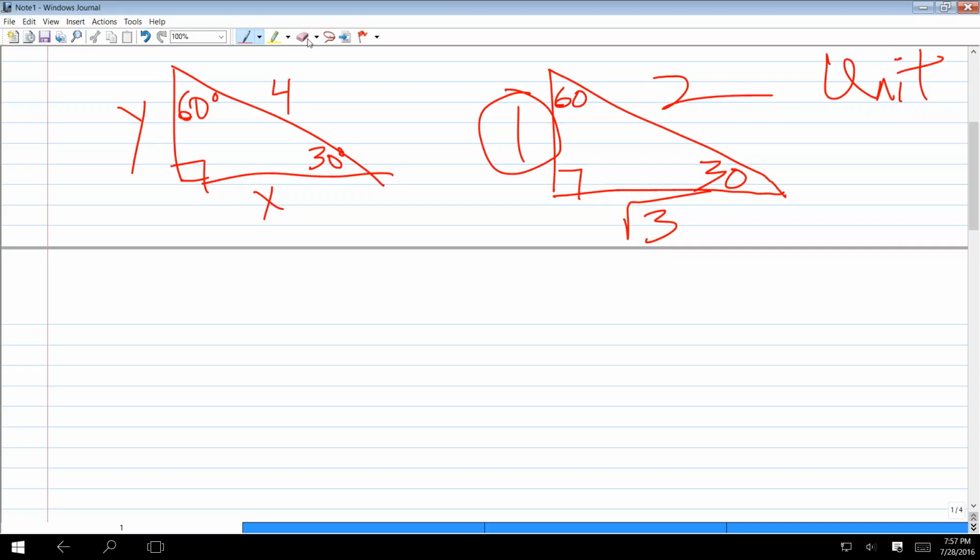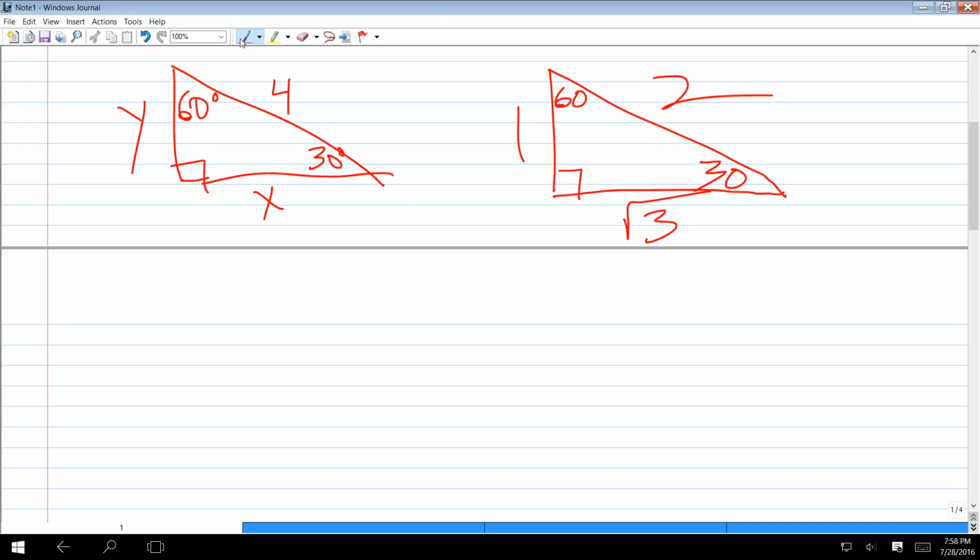But this is a very, very special triangle. You want to memorize this. But my question is, how did you get root 3? Well, that's just the dimensions. In my 30-60-90 triangle, the side opposite 30 is 1. The side opposite 60 is root 3, which is like 1.7.